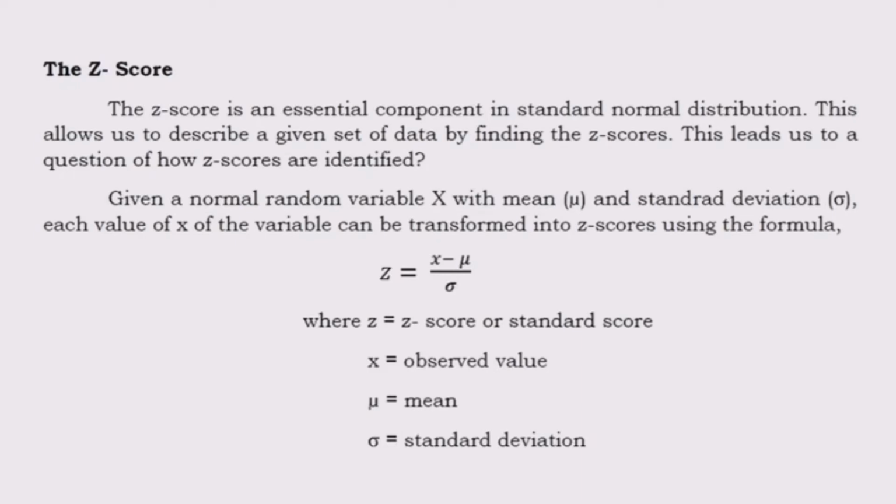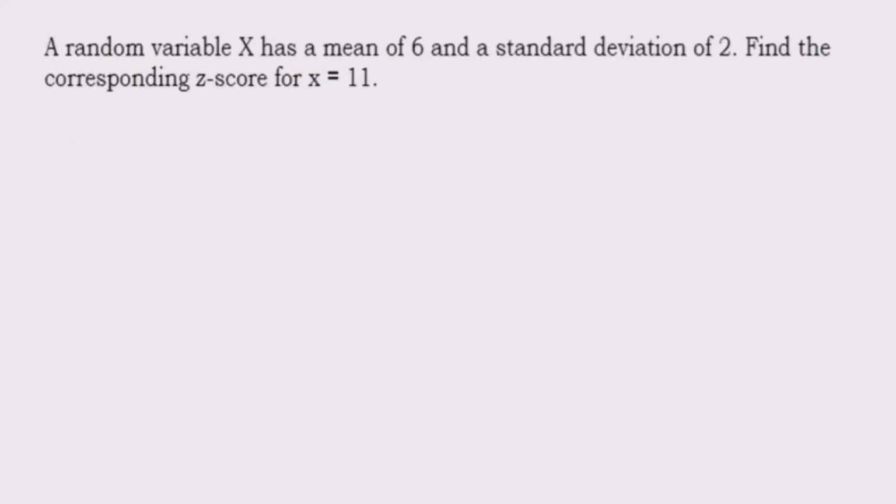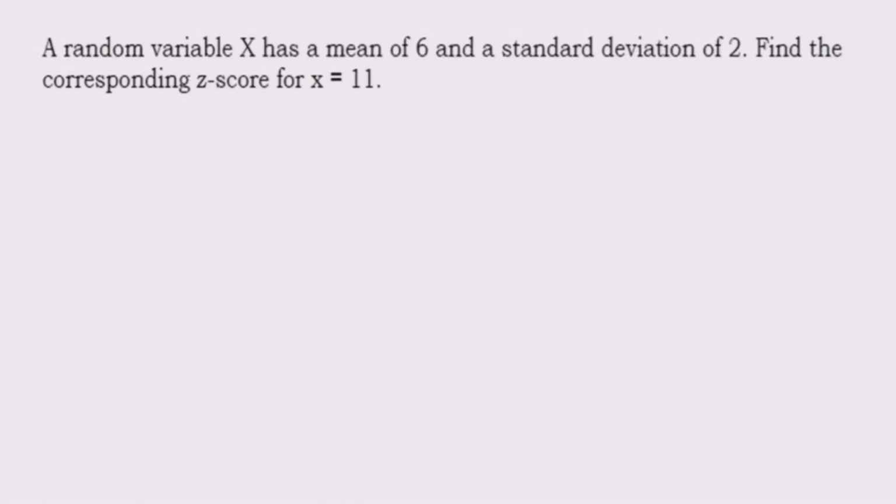So z-score is the essential component in standard normal distribution. This allows us to describe a given set of data by finding the z-scores. This leads us to a question of how z-scores are identified. Given a normal random variable x with mean and standard deviation, each value of x can be transformed into z-scores using this formula. For example, a random variable x has a mean of 6 and a standard deviation of 2. Find the corresponding z-score for x equals 11.